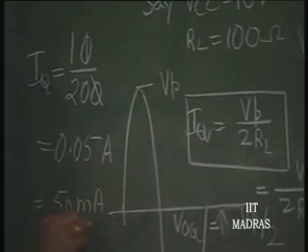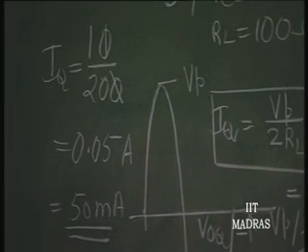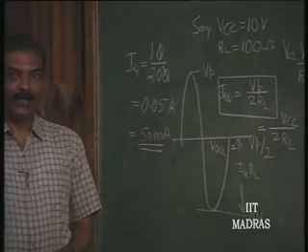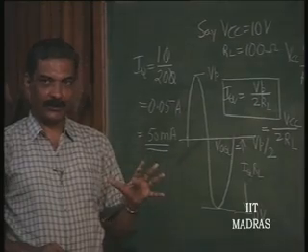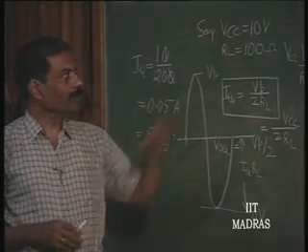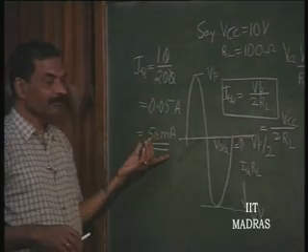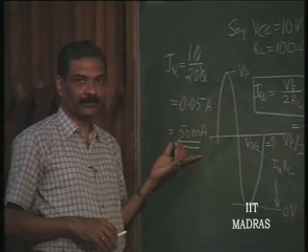Now, you can see the kind of operating current I should have just for this load of 100 ohms with a supply voltage of 10 volts in order to have symmetric swing going all the way up to half the value, that is 5 volts. I have to have an operating current of 50 milliamperes.